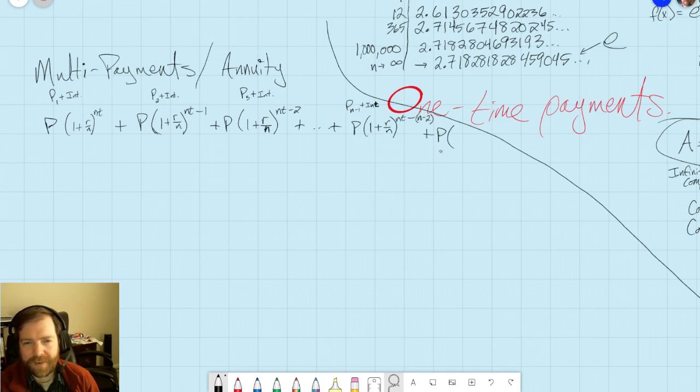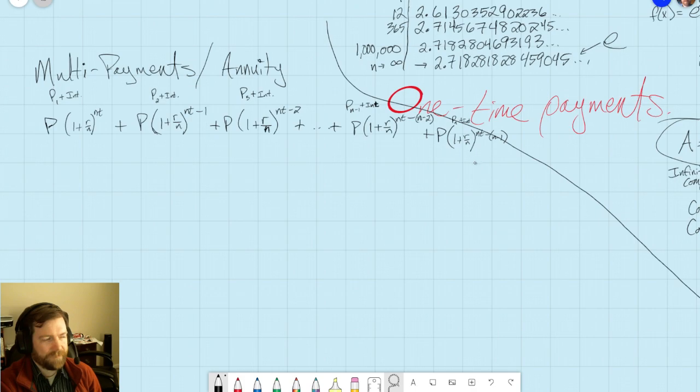Then we got, dare I ask, P times 1 plus r over n raised to the nt minus (n minus 1). So the final payment, P sub n, plus interest.